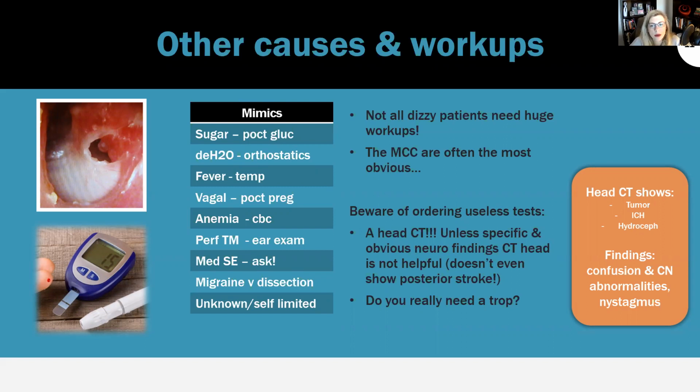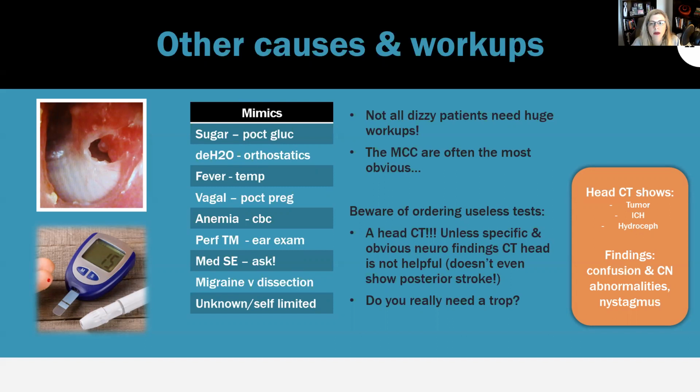But what I want to mention in real clinical practice is that while it's good to keep these differentials in the back of your mind, and that's how the emergency medicine doctor thinks about things, thinking about the things that could kill you first or the things that are most likely, it is important for you to know that not all patients who are dizzy need a dizziness workup.